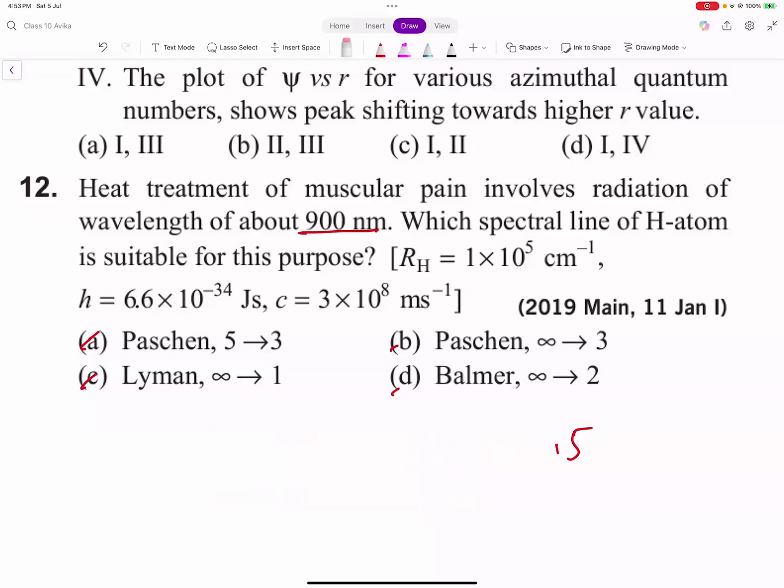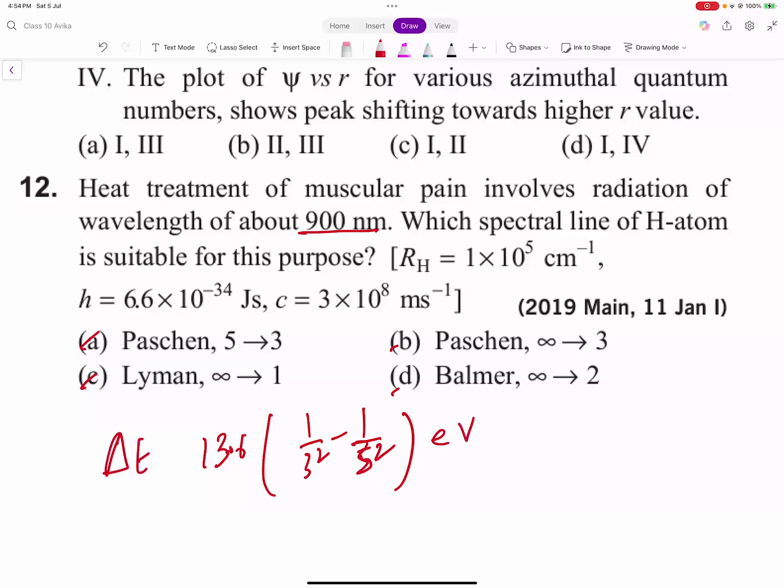Okay, then we go to some other. Let's go to the first one. The difference will be 13.6 into 1 by 3 square minus 1 by 5 square. How much is this? 16 by 225. Do it on the calculator.